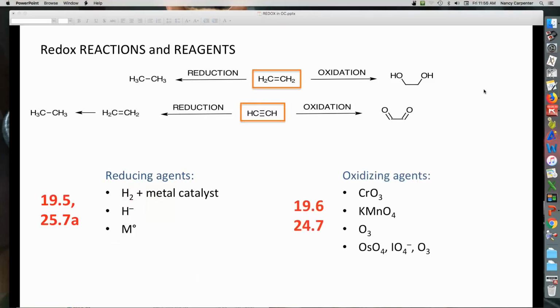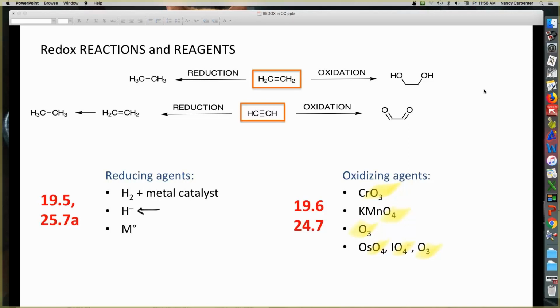How about oxidizing agents? Well, they're really simple and straightforward too. What do you see? What do you notice? Oxygens, oxygens, oxygens. Wow, we've got so many oxidizing agents, we've got ozone in there twice. So, reducing agents are either hydrogen donors, hydride in particular, or a zero valent metal.